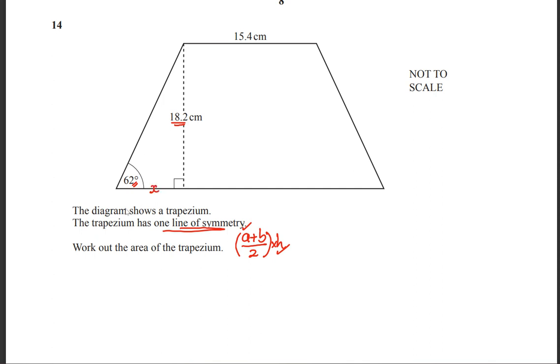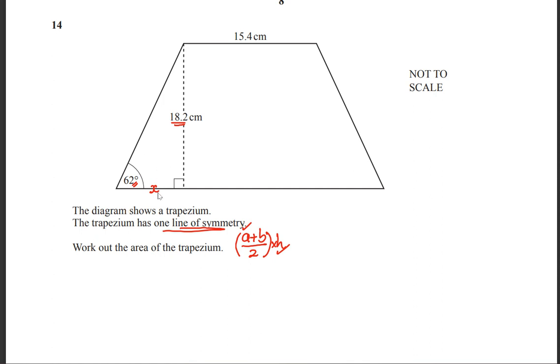Yes, this is a right angle triangle, so I can use the trigonometric ratios, which are sine, cosine, and tan, because I don't have any other side, so I can't use Pythagoras. If you cannot use Pythagoras, you will go through sine, cosine, and tan. So how to decide which ratio to use? Look here.